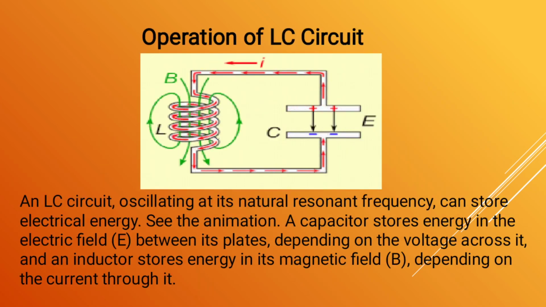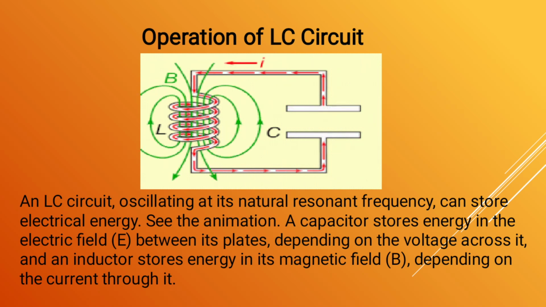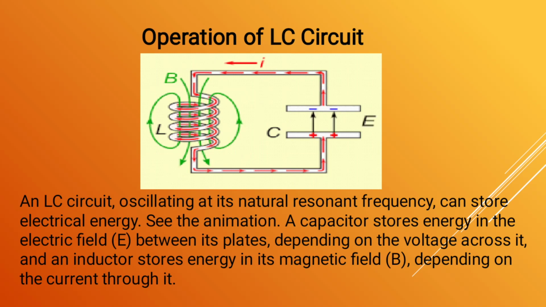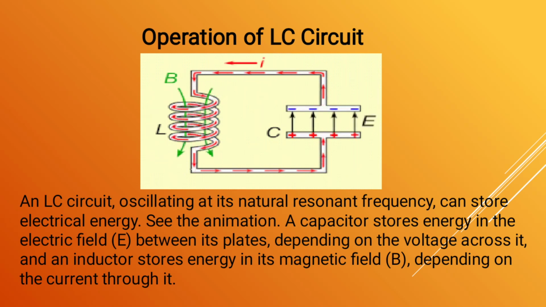Operation of the LC circuit. As you can see, this is an animated diagram showing the operation of a tuned circuit or LC circuit. The capacitor, the symbol C, stores energy in its electric field. An inductor L stores energy in its magnetic field, the color green. The animation shows the circuit at progressive points in the oscillation. The oscillations are slowed down.